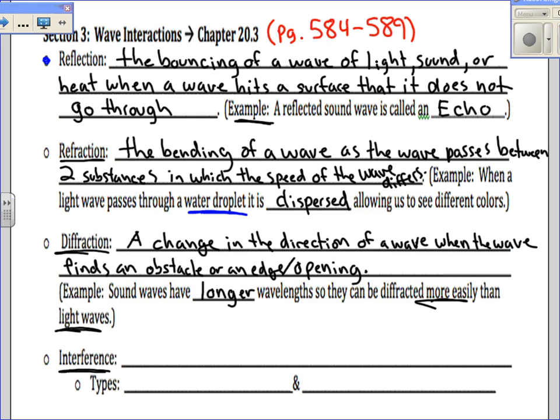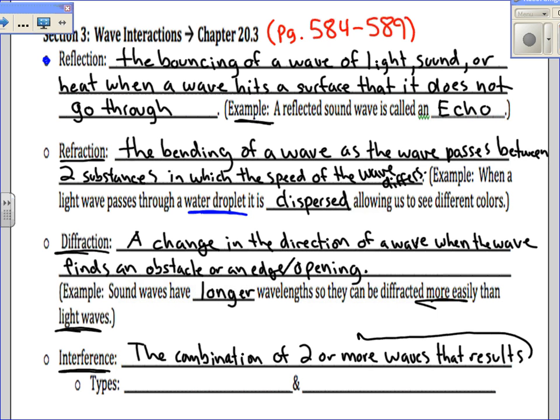Interference is the combination of two or more waves that results in a single wave.